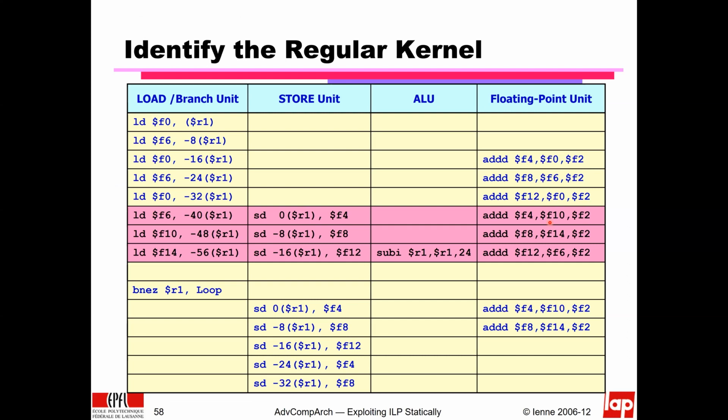You have to think about it for a minute to understand exactly why. The intuition is that it has to do with the longest latency that you have within a loop.